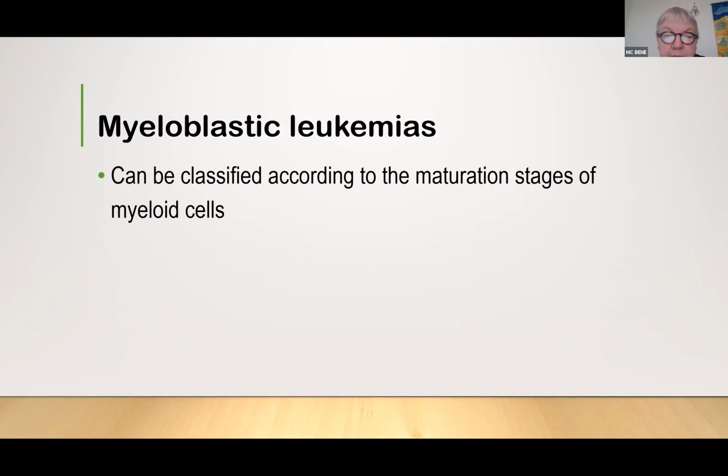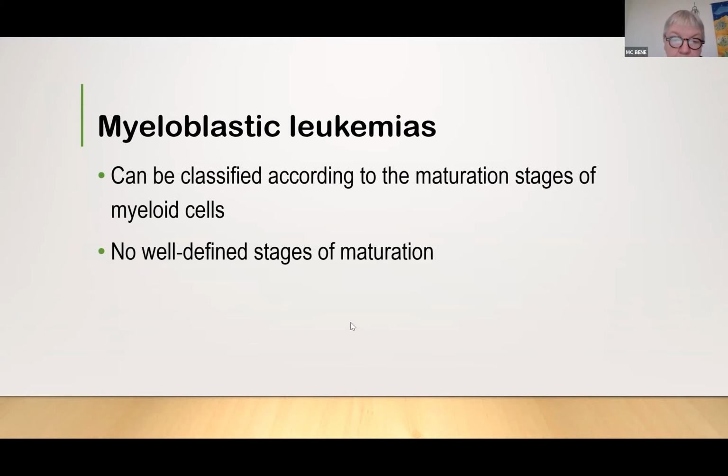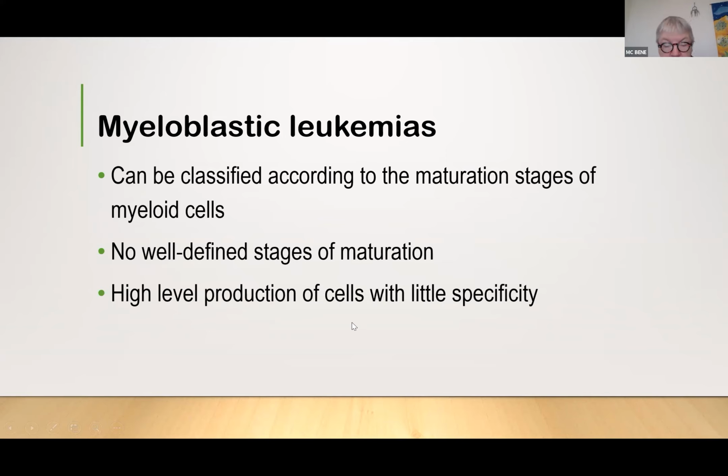Myeloblastic leukemias can be classified according to the maturation stages of myeloid cells. There are no well-defined stages of maturation. There's a sort of continuum. And what you can do is to consider that this undefined stage of maturation depends on the fact that there's a high level of production of cells in myeloid cells.